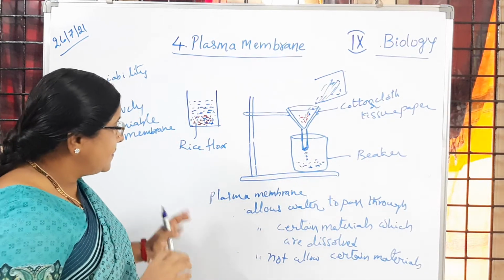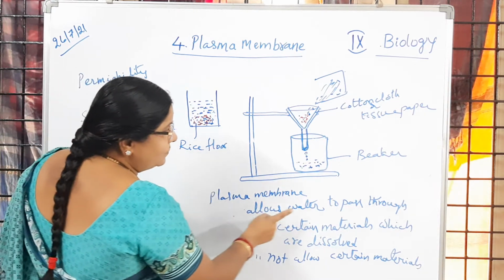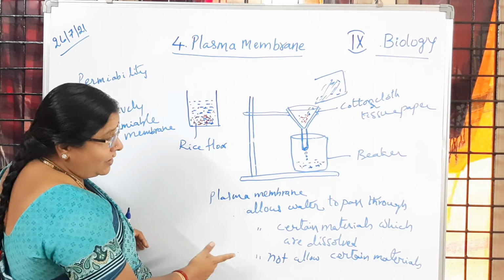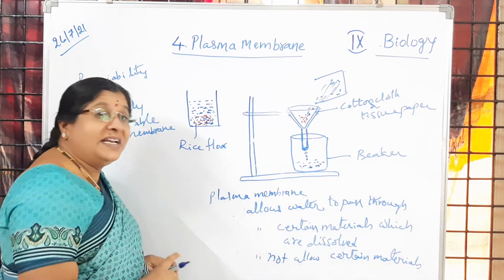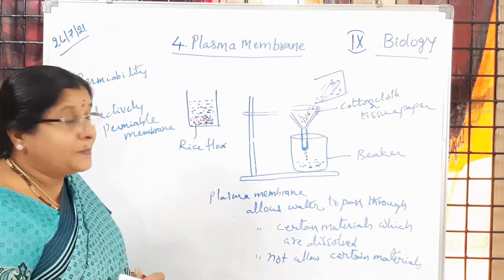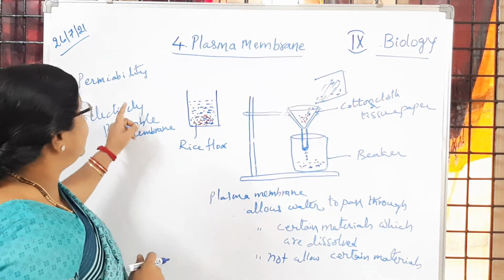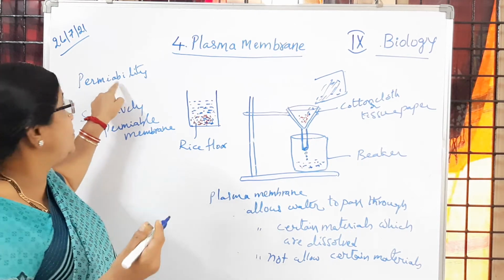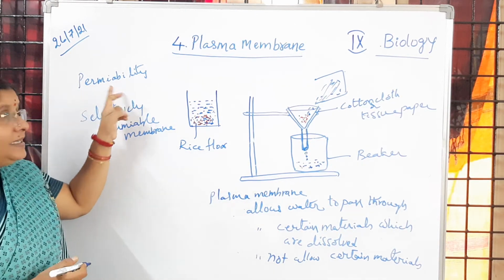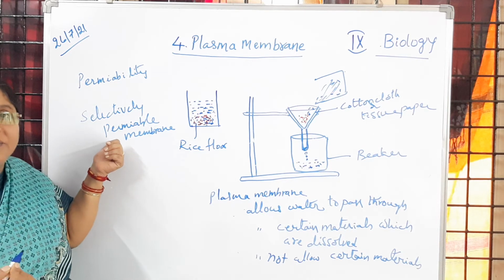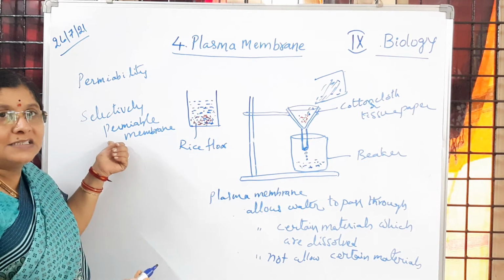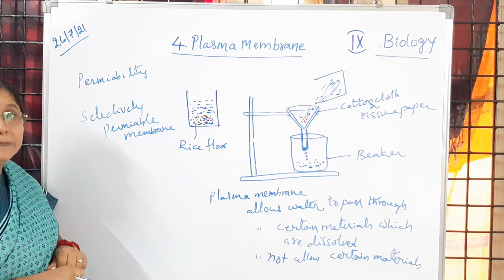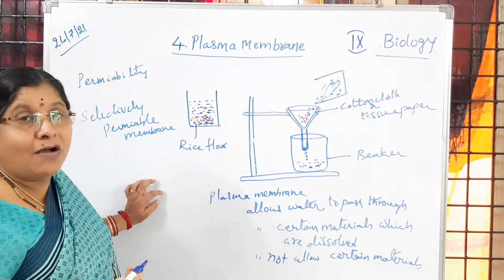So in that way the plasma membrane is allowing water to pass through, and allowing certain materials which get dissolved, and not allowing certain materials which the cell does not need. All that is happening. The nature of the plasma membrane is that it allows materials to pass through, which we call permeability, and as it selects the materials to allow inside the cell, it is called a selectively permeable membrane, or selective permeability.